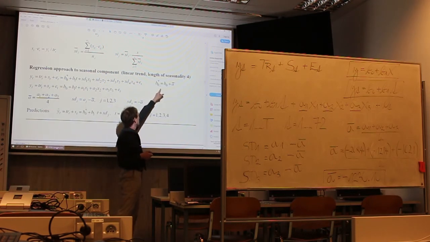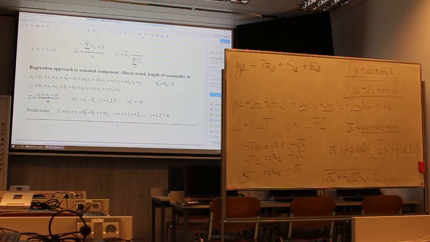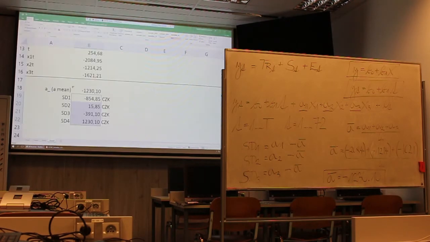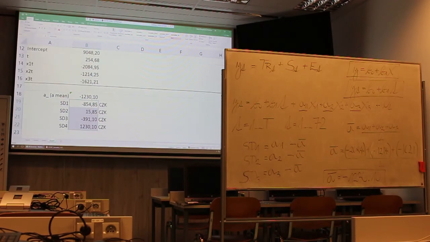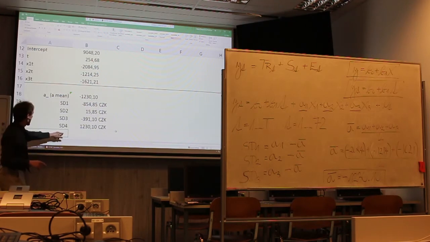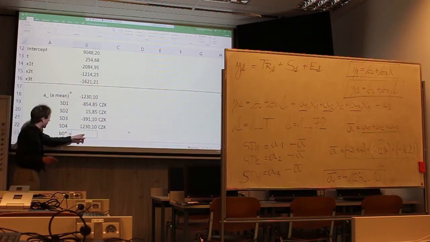B0 star is equal to B0 plus A with stripe. So we need to calculate here in sheet 4 also B0 star. B0 star is calculated from the original B0.